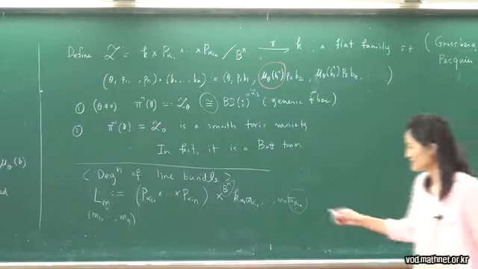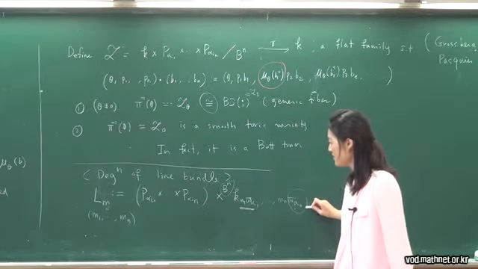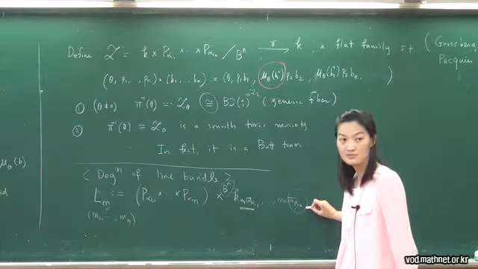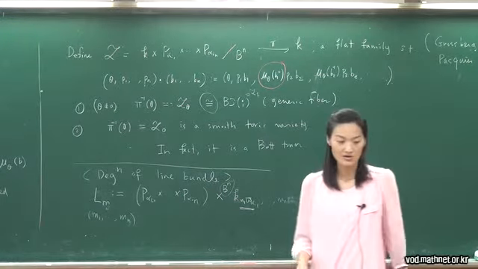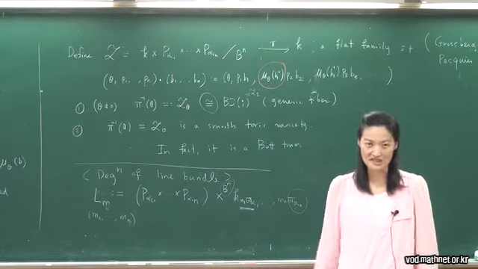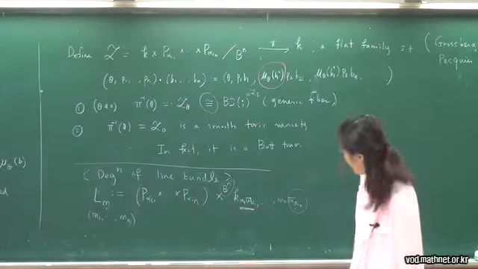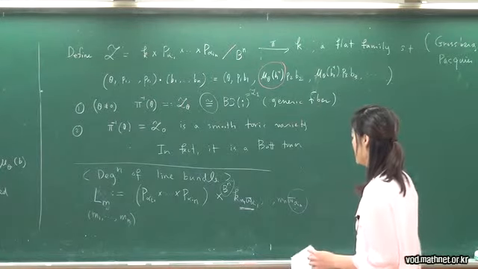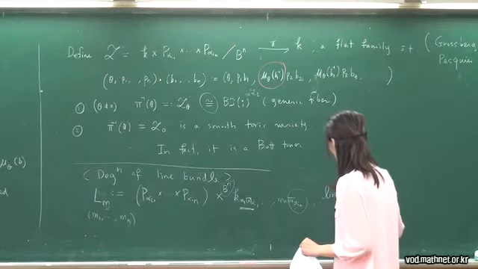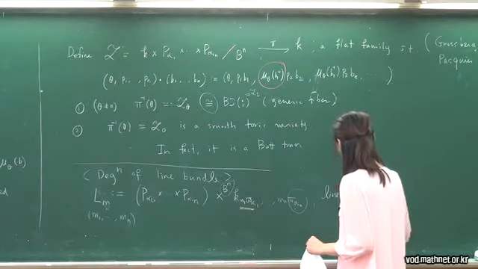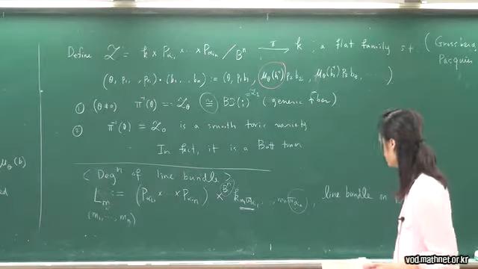Yes, so this is a character. Those are characters on H, but we can extend the characters to B. So that is one line bundle on the Bott-Samelson variety.